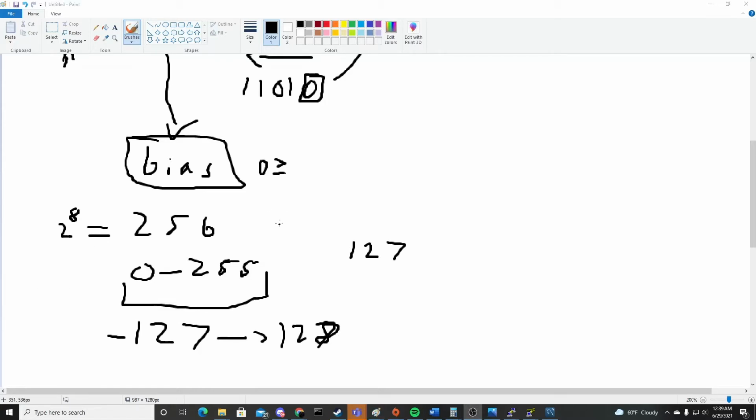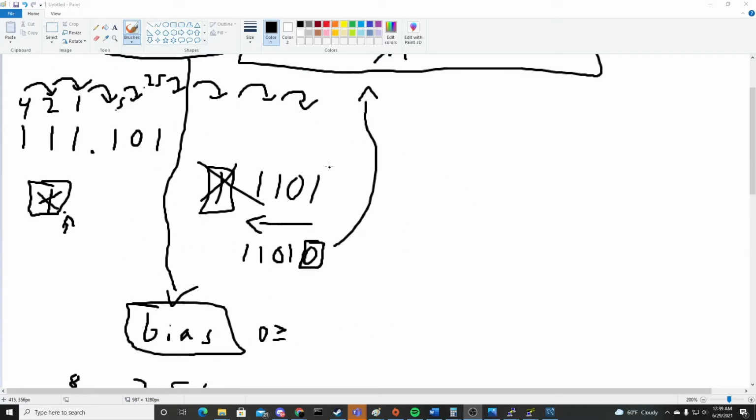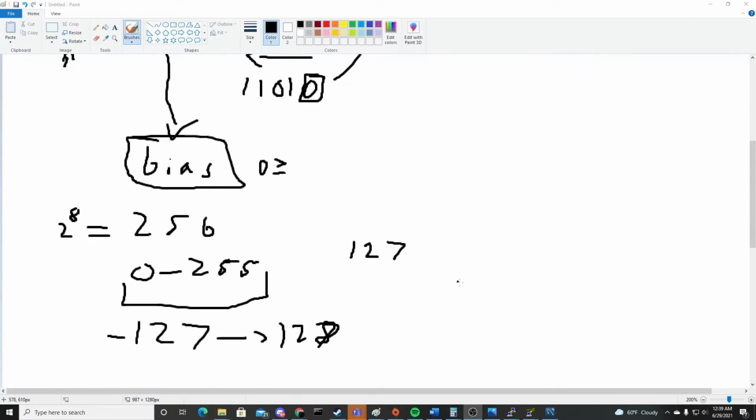The reason being, let's say our exponent, remember it was 8 bits, was 0, 0, 0, 1, 0, 0, 0, 0. We know that this is just 16. So with an unsigned 8-bit binary number, the exponent for this floating point number would be 16.